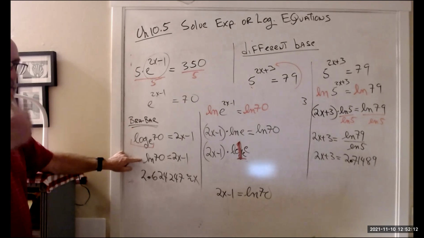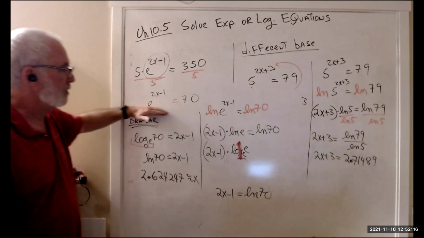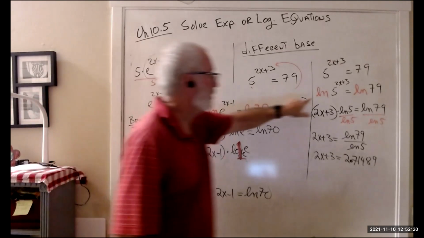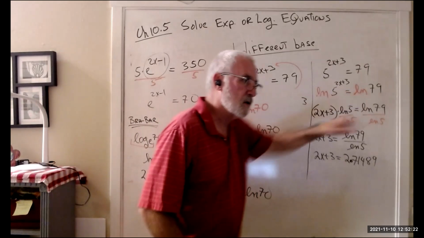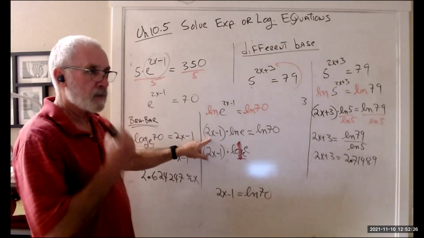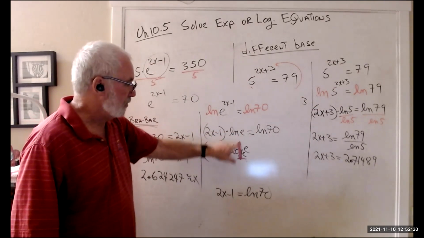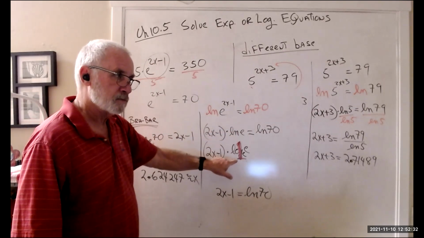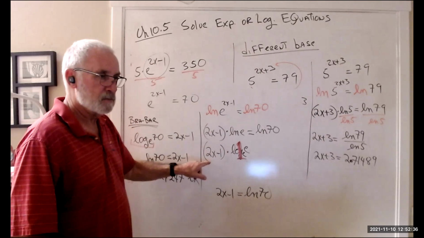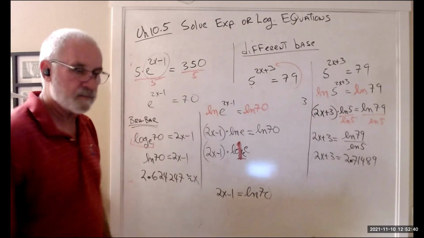So eventually you have to use that rule. The alternate way to do this same problem was to take the ln of both sides, just like I did over here. Well, that allows me to bring the power down. But the beauty of this is that the ln of e becomes 1. So it effectively drops out of the problem. And then you have this same step.